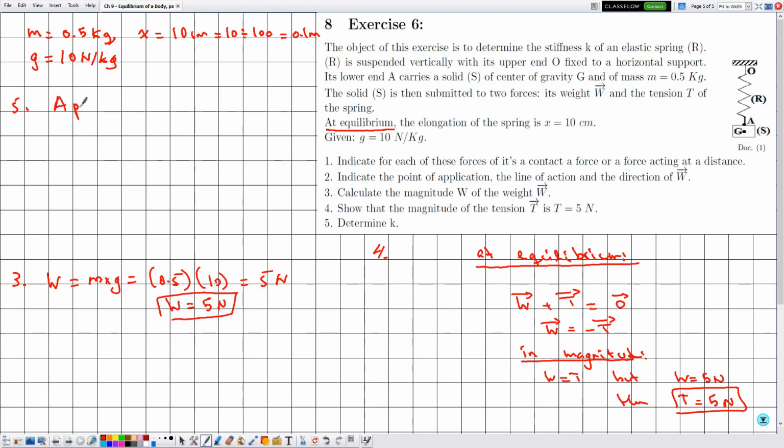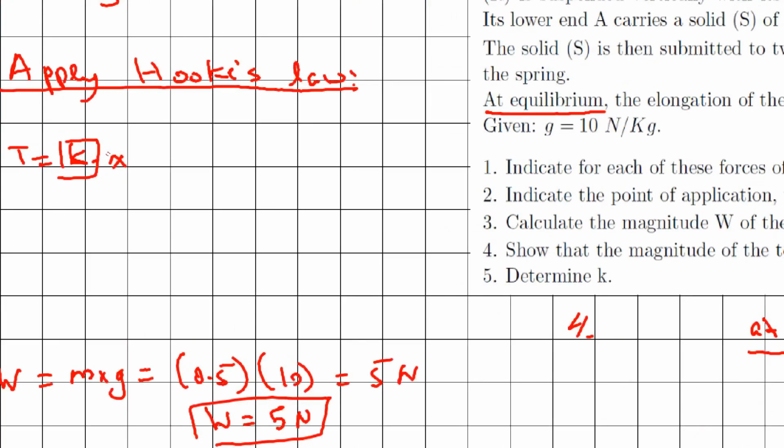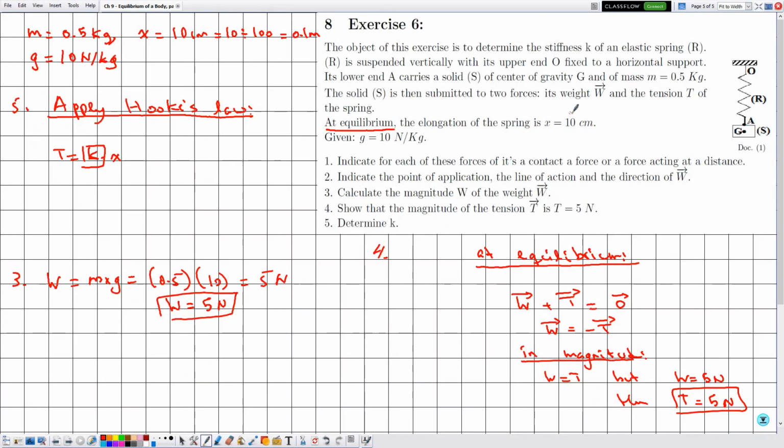Then apply Hooke's law. Hooke's law is given by T equals K multiplied by x, and we are interested in determining the value of K. Here I am using the same notation because elongation is being denoted by x.